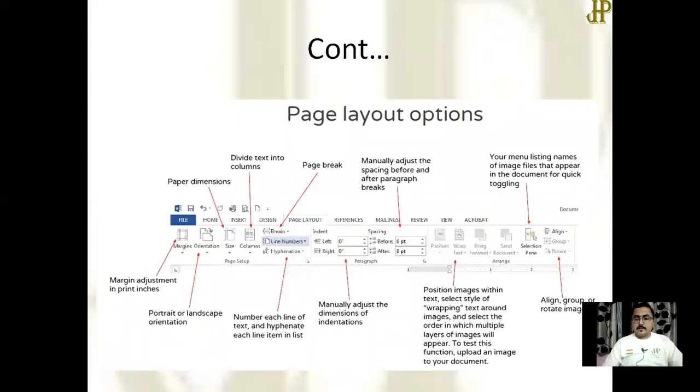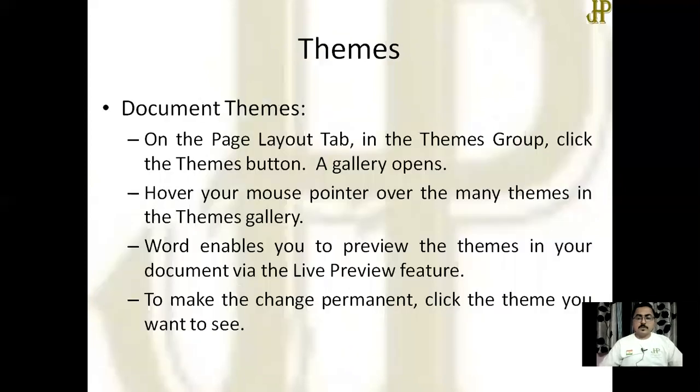These are the contents under the page layout tab. We will discuss each of them one by one. So first of all, themes. On the page layout tab, in the themes group, click the themes button.